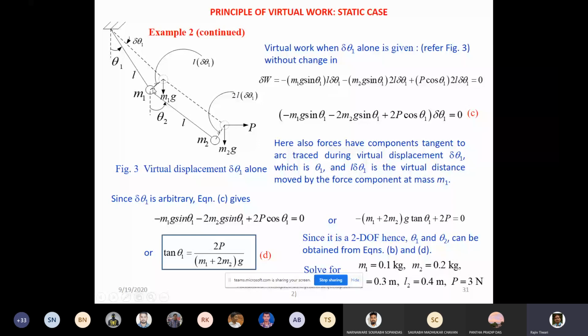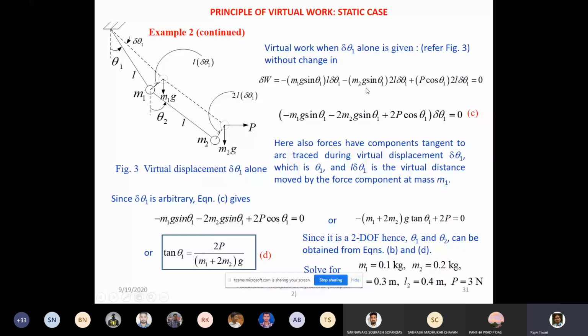Similarly, m2g sin theta 2. I think this should be sin theta 2, not theta 1. This should be theta 2 actually.